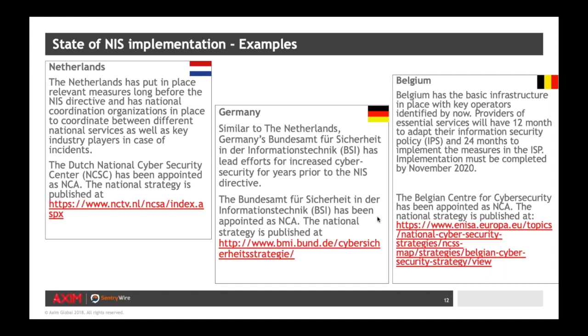They have already identified all of the infrastructure players, and these providers of essential services have now been given a 12-month period to come up with their information security policy, which they will need to present to the NCA, and then they will have another 12 months after that to implement all of these measures to be compliant with the NIS directive by November 2020.